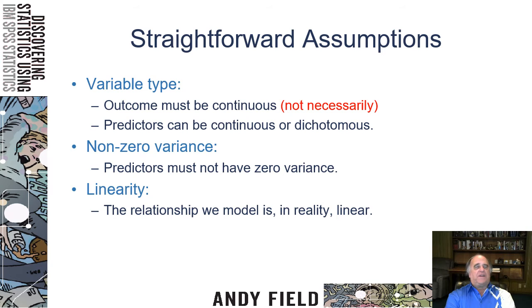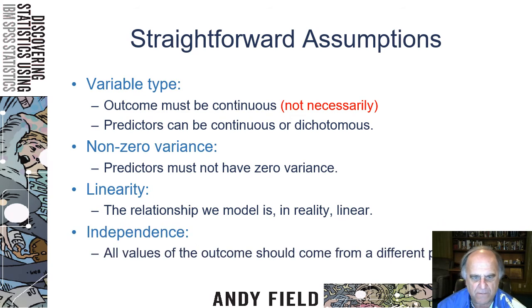Linearity: we believe, or we argue, the model is in reality linear. And independence. Independence just means that all the values of the outcome should really come from different people or different groups. There shouldn't be dependence between outcomes. Now, that might be frequently violated. For example, we might have one rater rating a whole class.